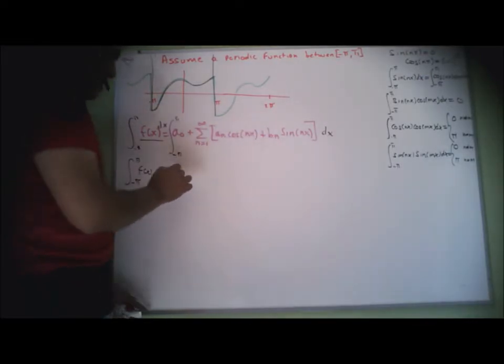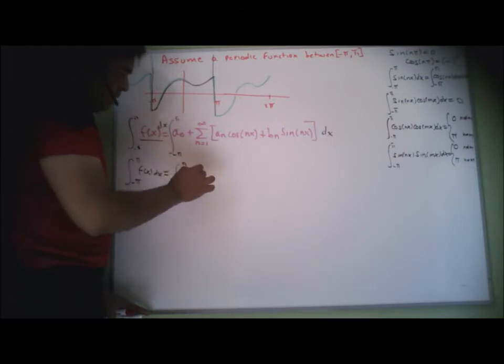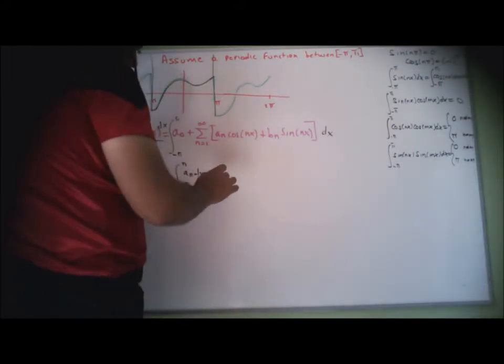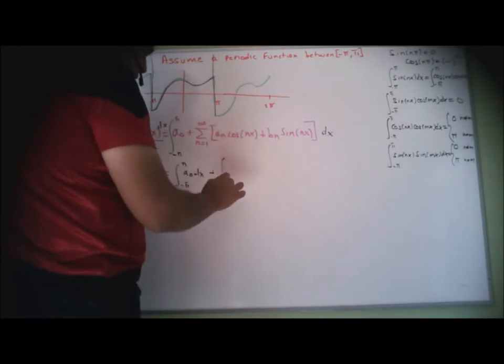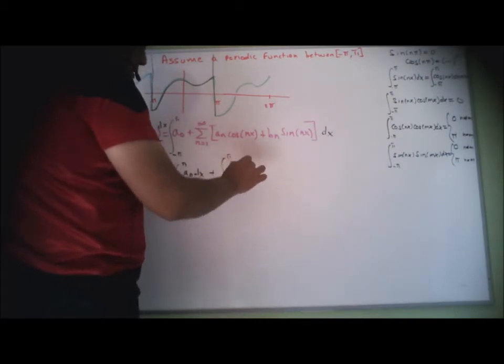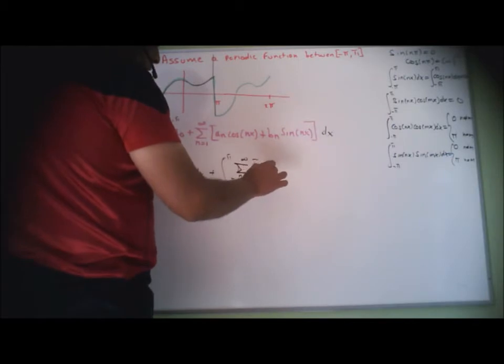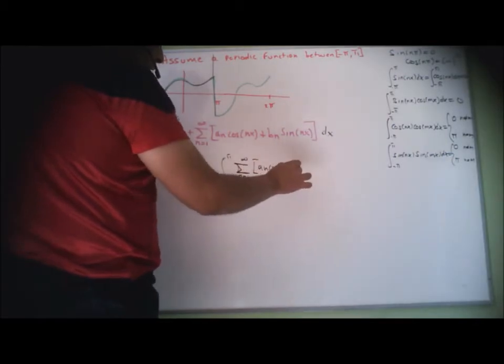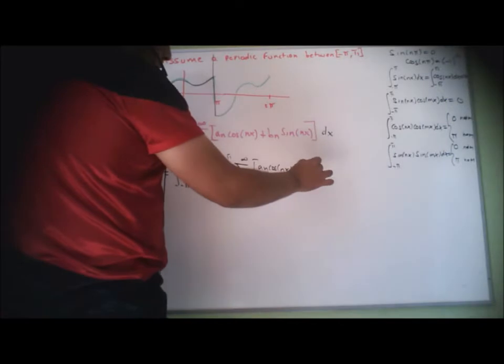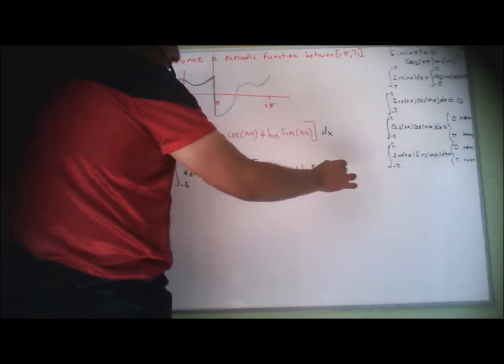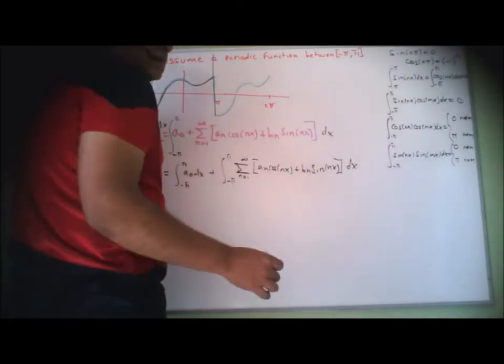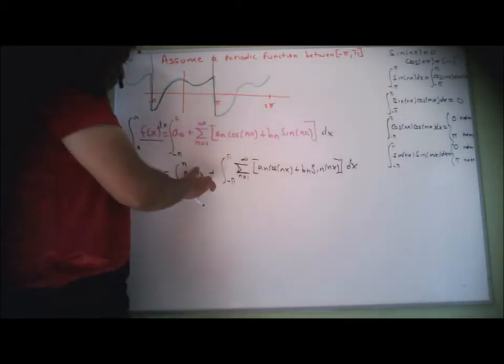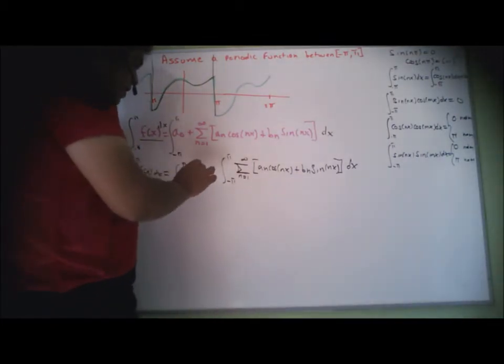So it's going to be the integral from minus pi to pi of a0 dx, plus the integral from minus pi to pi of the summation from n equal to 1 to infinity of an cosine of nx plus bn sine of nx, and then dx. Now we need to calculate each one of the integrals.